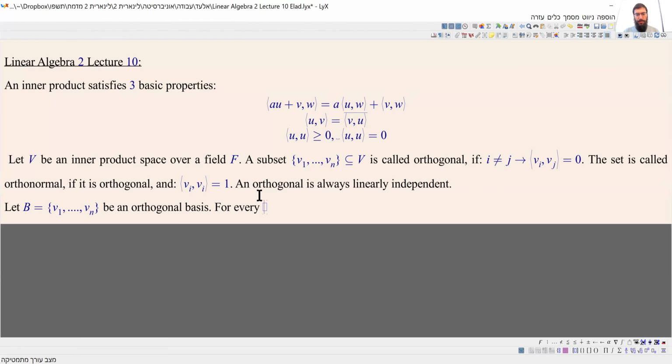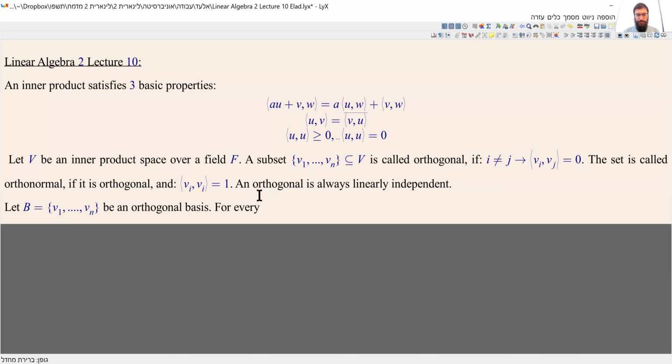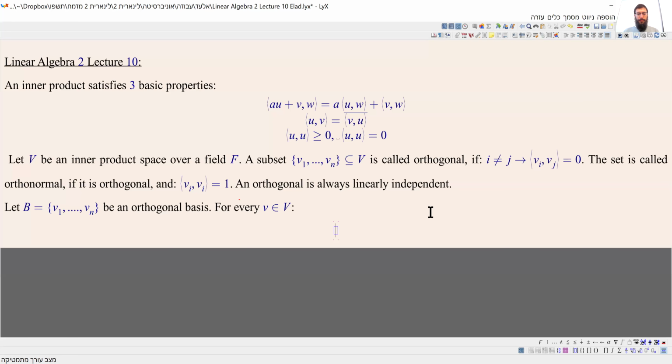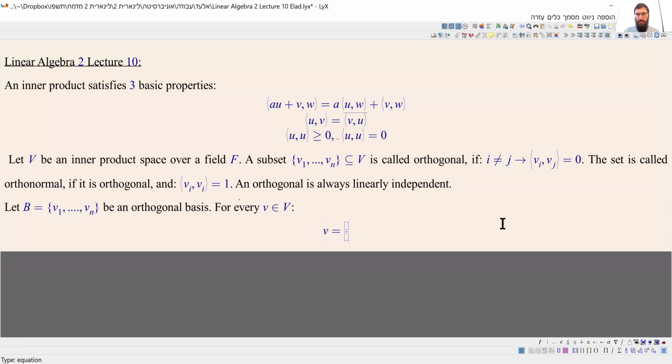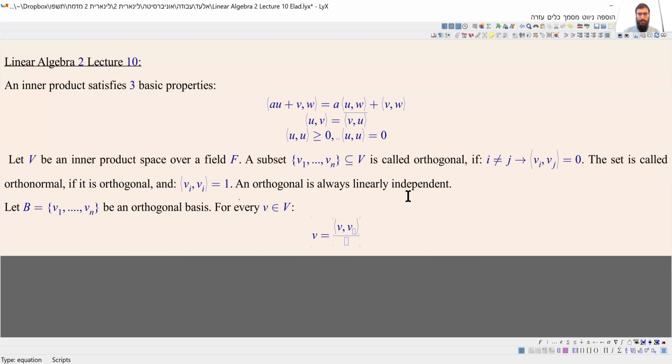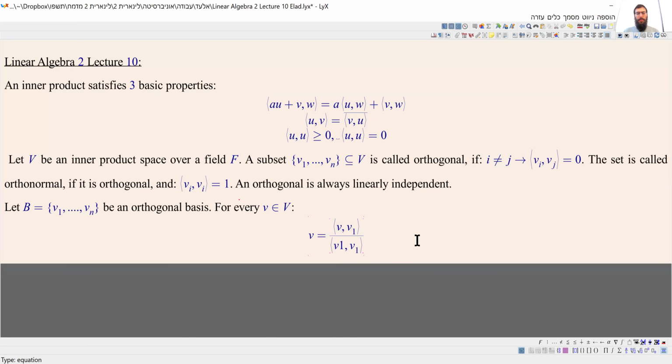For every V in V, V is the following linear combination: the product of V with V1, divided by V1 with itself, multiplied by V1, and so on for every vector till we get to Vn.